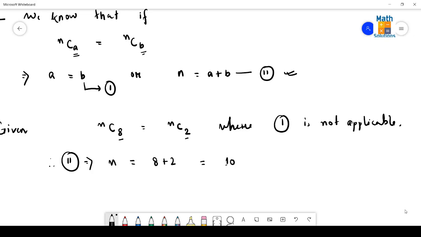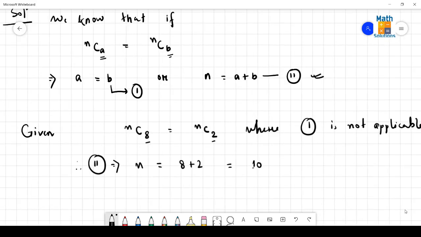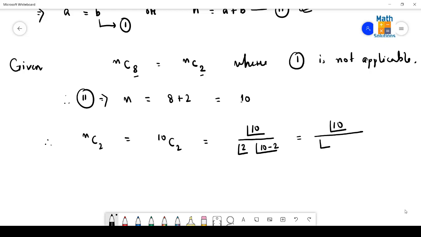10. So in our question, what do we have to do? We have to find out nC2. So let us find out. Already this value 10 for n we already got. Therefore nC2 is equal to 10C2, which can be written using the formula for combination as factorial 10 divided by factorial 2 into factorial 10 minus 2, so factorial 10 divided by factorial 2 into factorial 8.